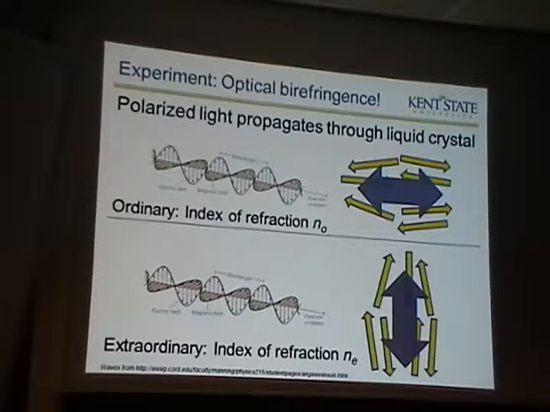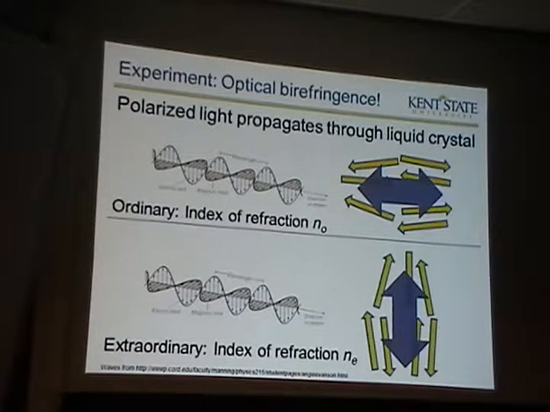So the index of refraction is different for light that's coming in with this orientation with respect to the director than light coming in with this polarization with respect to the director. This one is called ordinary, and this one is called extraordinary.